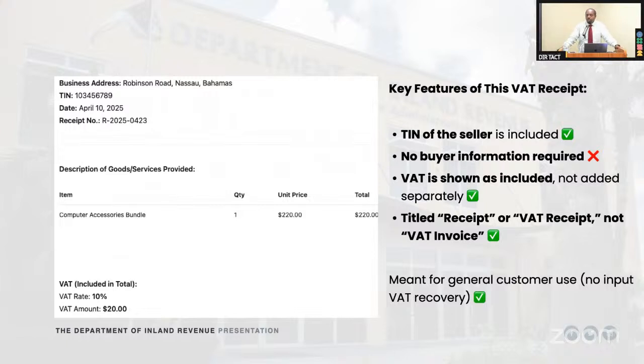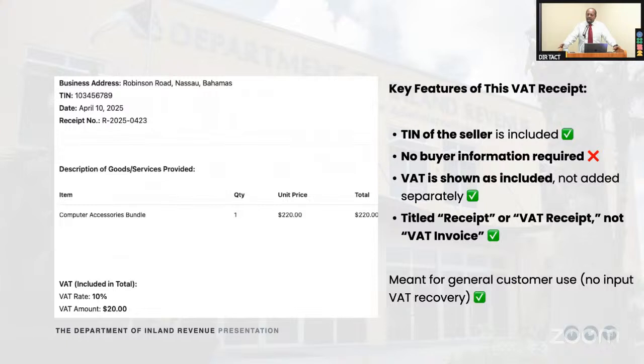So if you go in the food store just to buy some snacks, some foods, some goods, whatever, but you're not a VAT registered business where you're doing direct business to business with this company, then most likely what they're going to issue to you will be a VAT receipt. Even if their system is set up where they are issuing to you, say in QuickBooks, where you're still issuing invoices to a client. And that's something I want to explain quick.